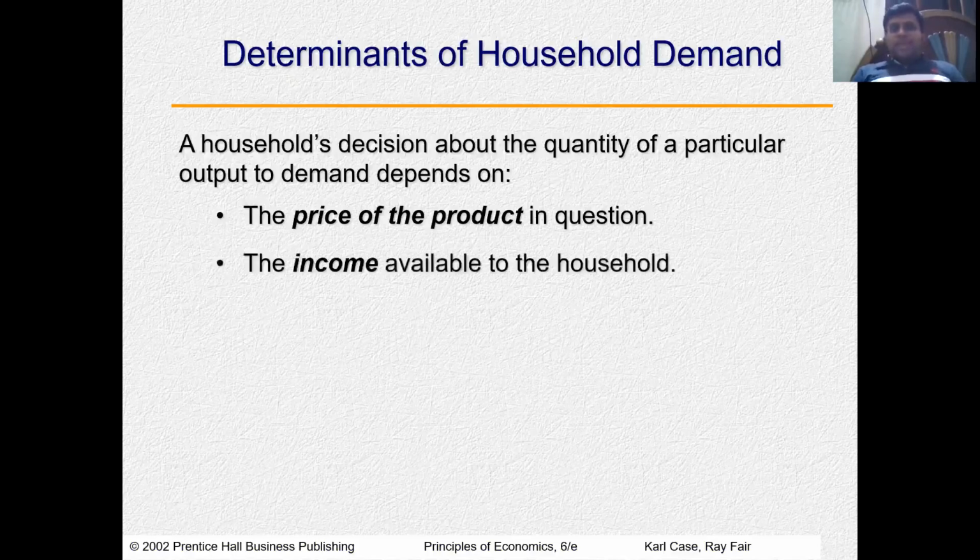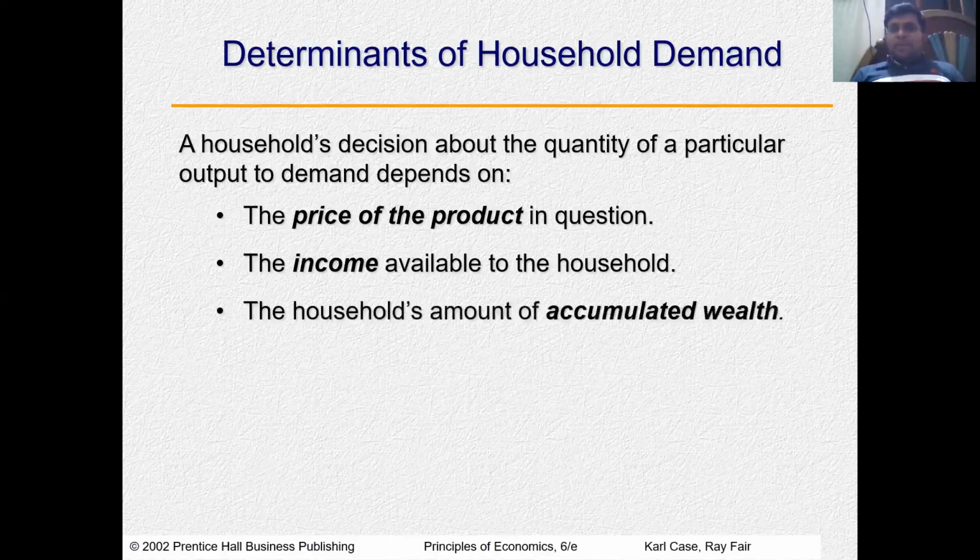The second is household income. Any change in household income would bring a direct change in household demand, meaning that if household income increases, then household demand will also increase.